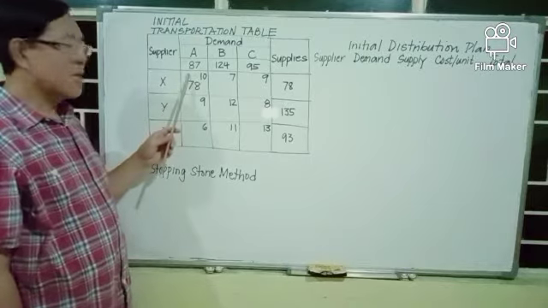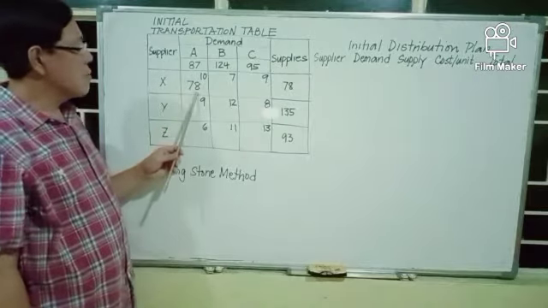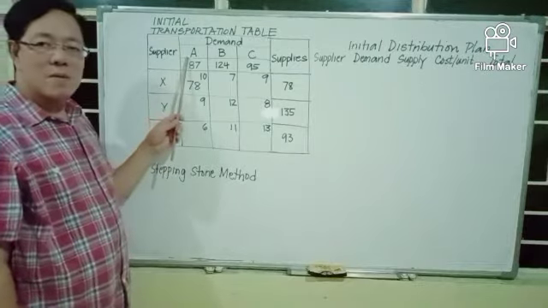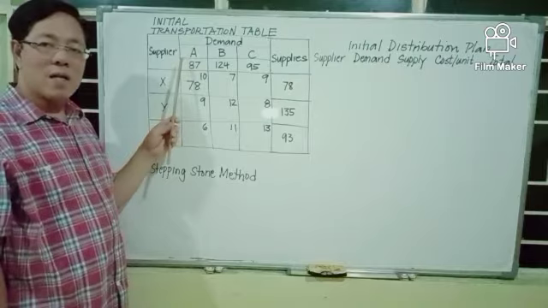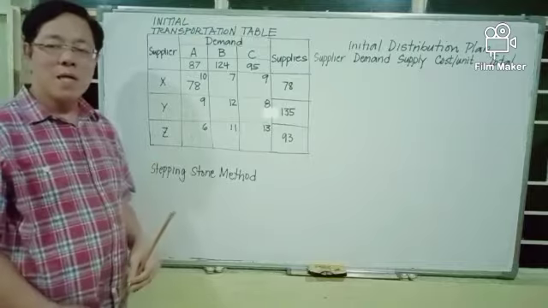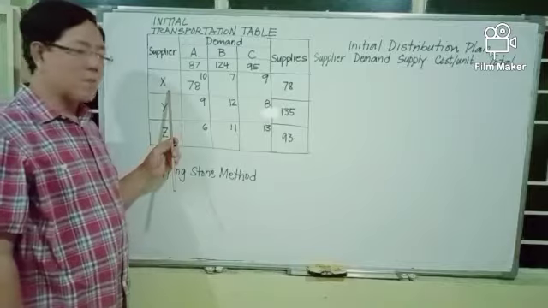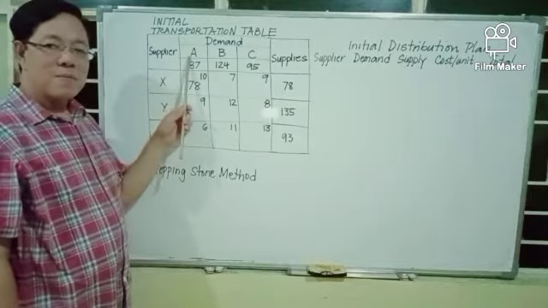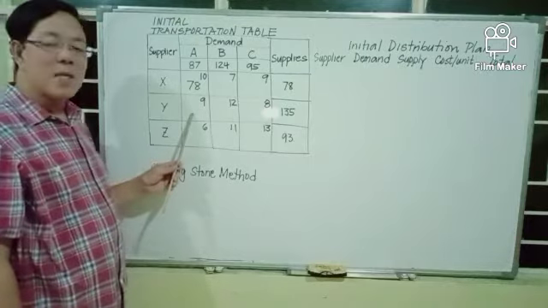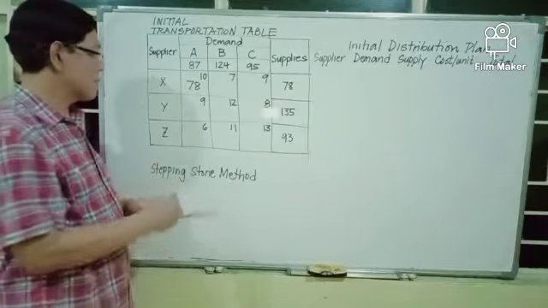A requires how many more units? 87 minus 78 is 9 units. Again, customer A needs an additional 87 minus 78, or 9 units. But we have already given all the supplies of supplier X to A. So we will get the additional 9 units from the second supplier, and you write 9 in this cell.